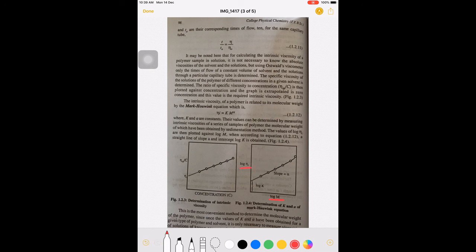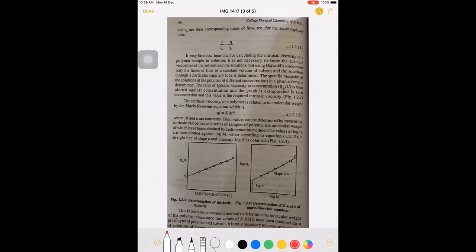The plot is again extrapolated up to the y-axis, and the intercept of this graph gives us the value of log k, and from the slope we can calculate the value of the constant a.